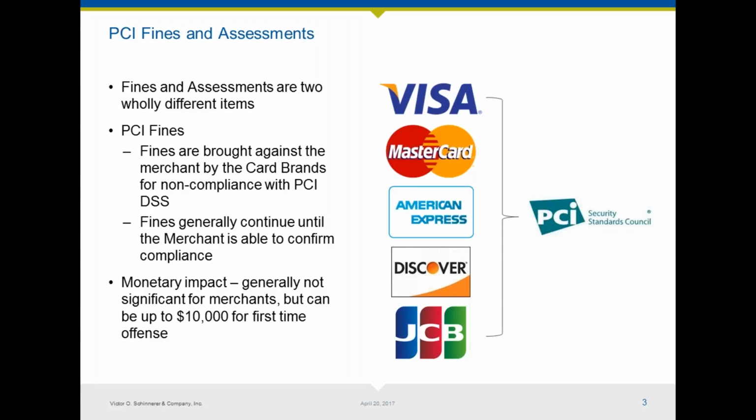It's important to note that they don't simply send you a bill and ask you to send a check. The fines are actually pulled directly from the merchant account of the business themselves. And the merchant account is the banking account that is set up with the sponsor bank for the process of accepting payment cards.